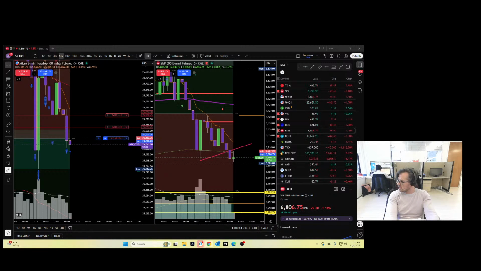Level for gap fill at the 25,550 level, but currently half filled. Okay, so it could bounce.